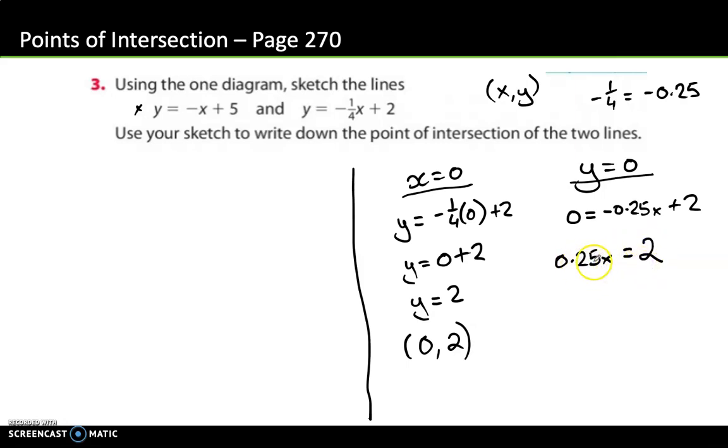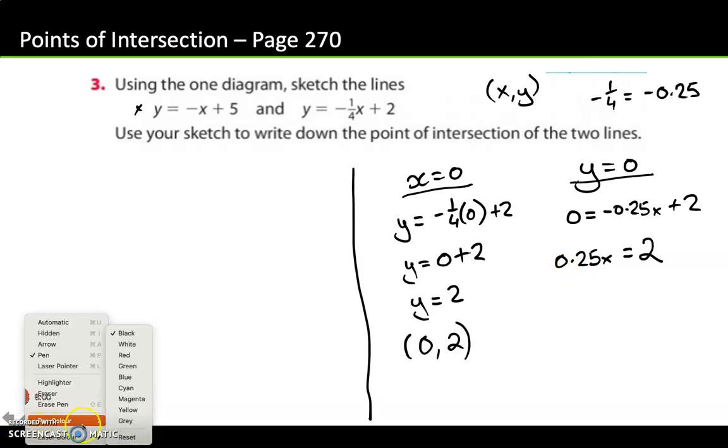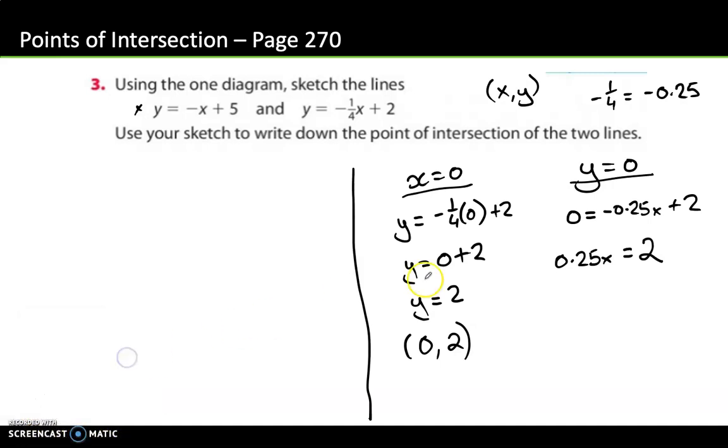Now 0.25 multiplied by a number gives me 2. Okay, another way of doing this is that you could divide by the number in front of the x. So the number in front of the x is 0.25, and what I do to one side, I do to the other.